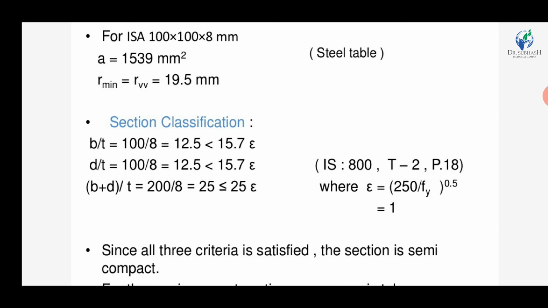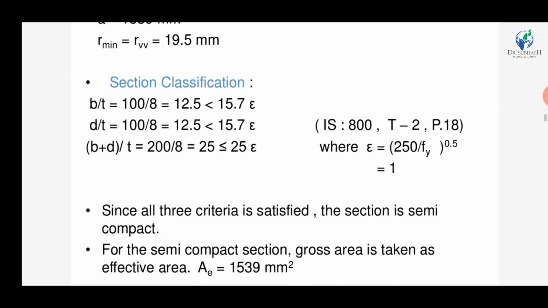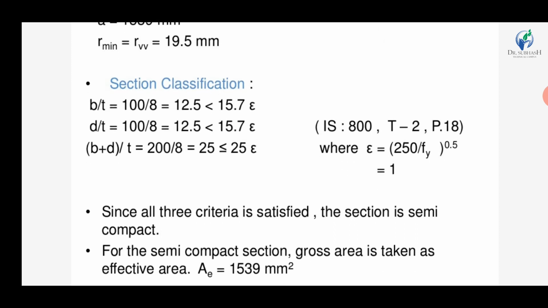What is epsilon? Epsilon is given at the end of table number 2: 250 divided by Fy, raised to 0.5. In our data Fy is 250, so the epsilon value is 1. Since all three criteria are satisfied, the section is semi-compact according to table number 2.